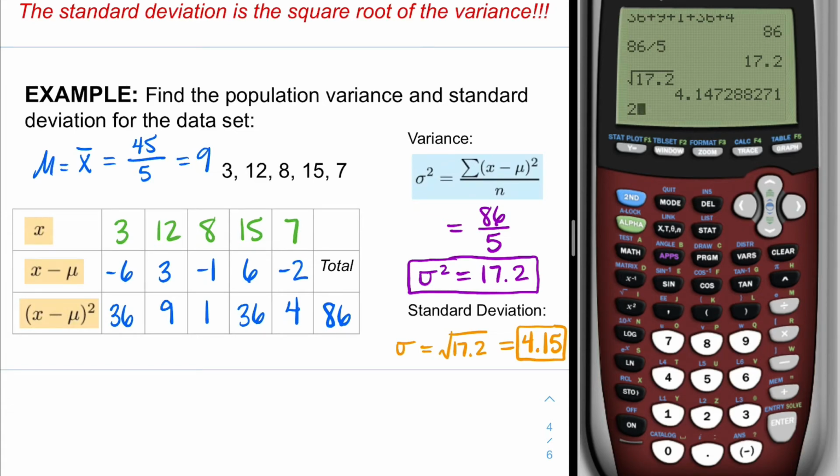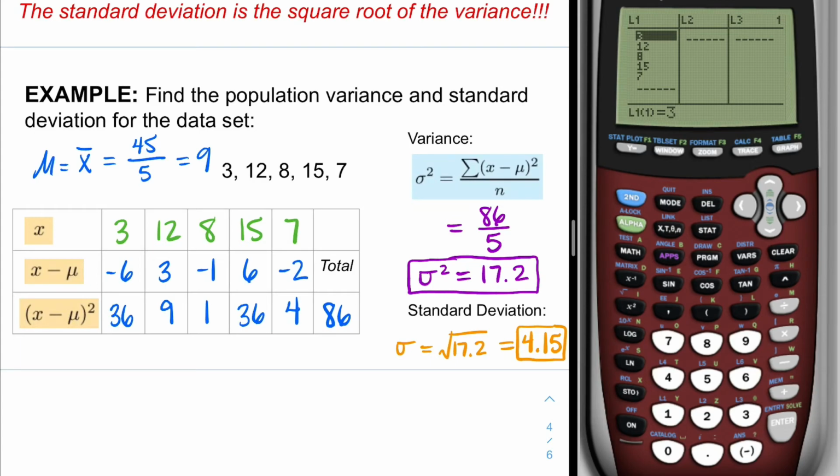In order to get the calculator to give us the information, what we have to do is type everything into your L1 or your L2. Once you do that, you will then do your one variable statistics. It's going to look like this.